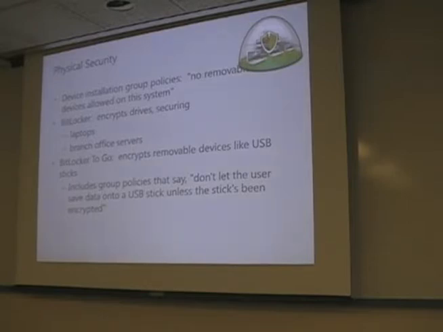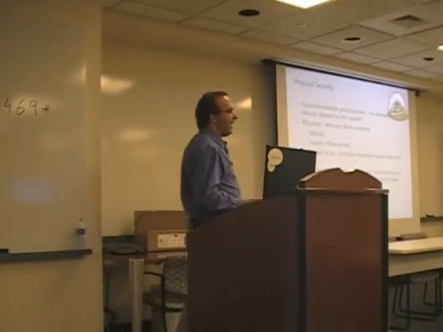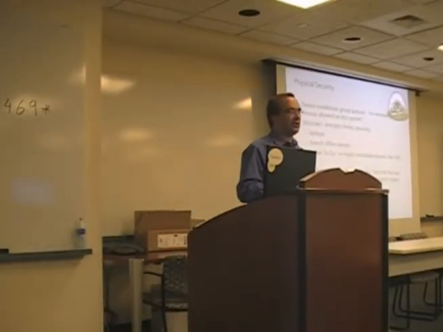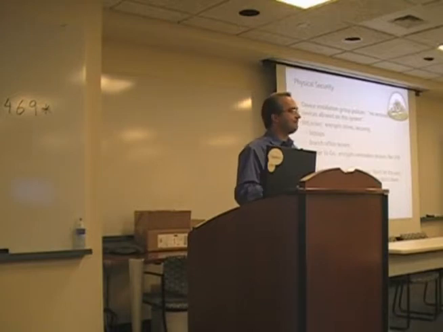Especially for laptops and branch offices. Why especially laptops and branch offices? They can disappear easily. They're a lot easier to disappear than something that's locked up in a data center, right? I mean, you got a server room like IBM showed some of us today. You don't worry about that as much as you worry about the laptop or, you know, where do branch offices often put their servers? Janitor closet.